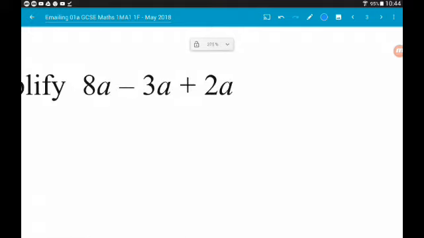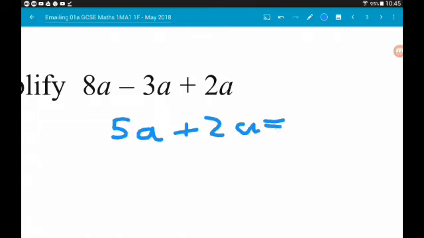So think of this as apples. If we've got 8 apples and we take away 3 apples, that's going to leave us with 5 apples. And then we're adding 2 apples. So altogether we've got 7 apples.